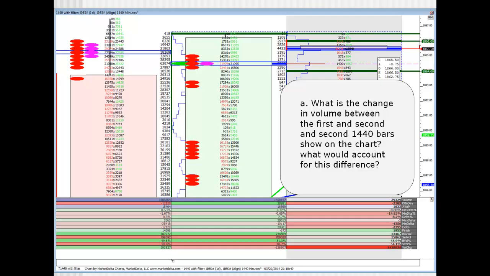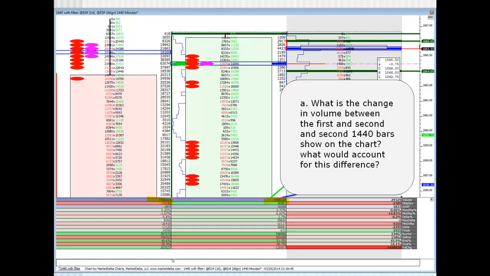And the question is, what is the change in volume between the first and second 1440 bars shown on the chart? What would account for this difference? So we are looking at this bar right here and the bar that follows it, and we want to see, is there any change in the volume between the two?